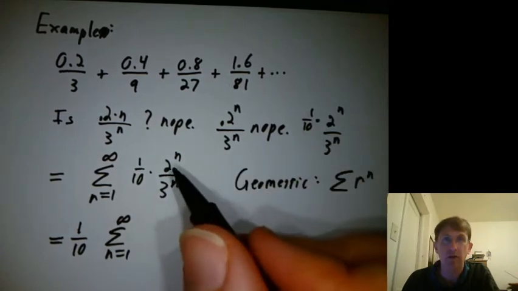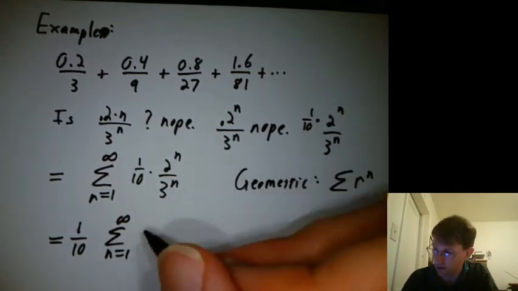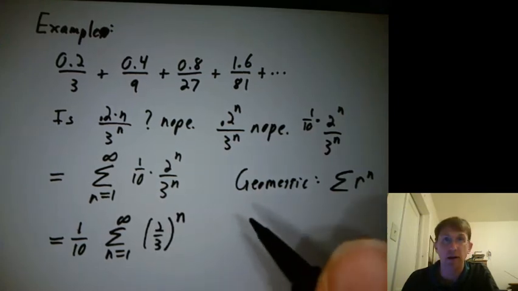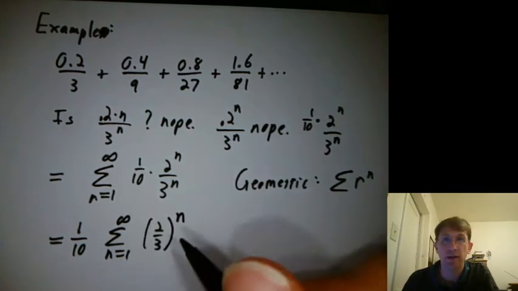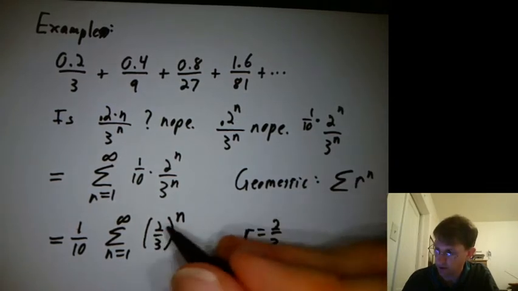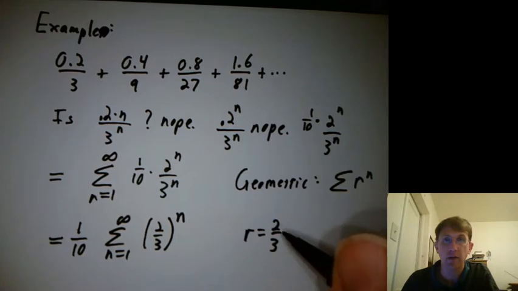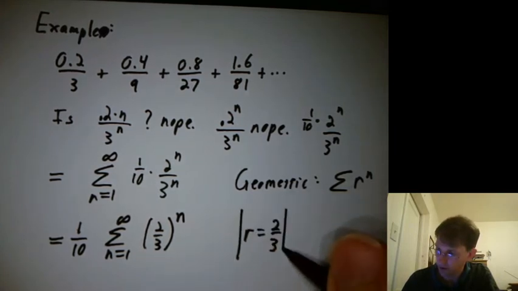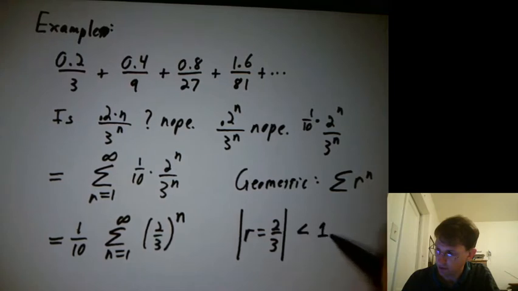And then we can rewrite 2 to the n over 3 to the n as (2/3) to the n. So this seems to say that r would be equal to 2/3. That's a constant that we're raising to the n. And what do we notice about 2/3? The absolute value of r is less than 1, so the sum converges.